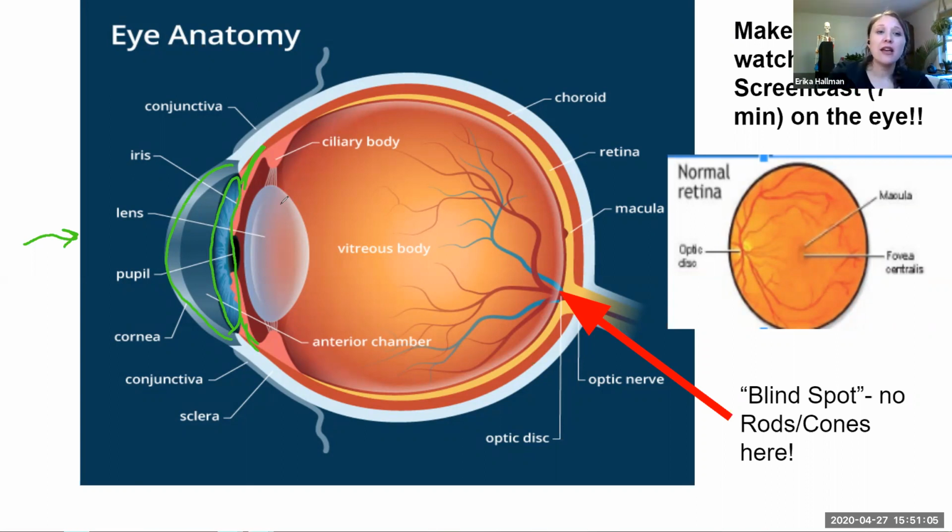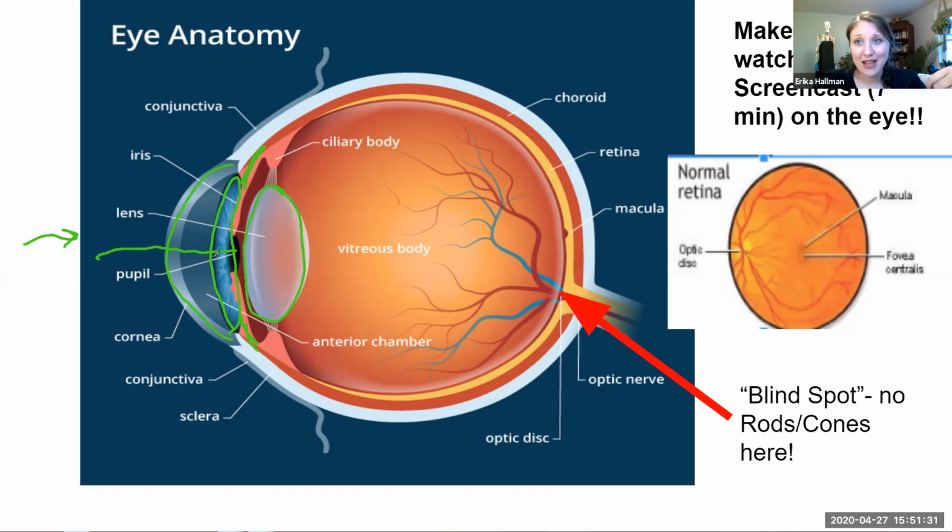So after the light goes through the cornea, goes through the pupil part of the iris, it's going to come to the next portion of the eye, which is called the lens. And the lens really should be a very round, circular portion of the eye. But part of the purpose of this lens, just like the lens that you might have learned about in your physics class, is that lenses that are concave and convex will bend or refract light.